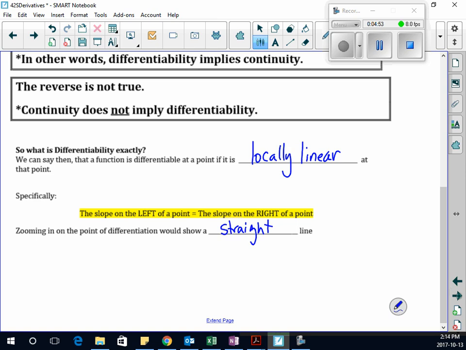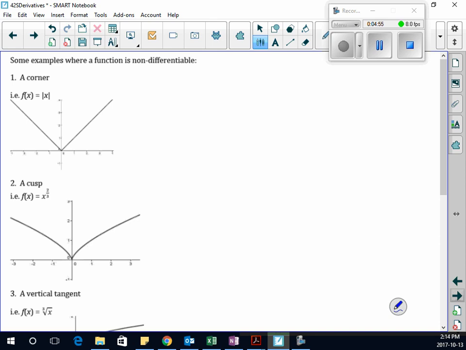Okay. So some examples where a function is non-differentiable. Does everybody see? The slope on the left of 0 is -1. Yes? And the slope on the right is +1. Therefore, at 0, it's not differentiable.